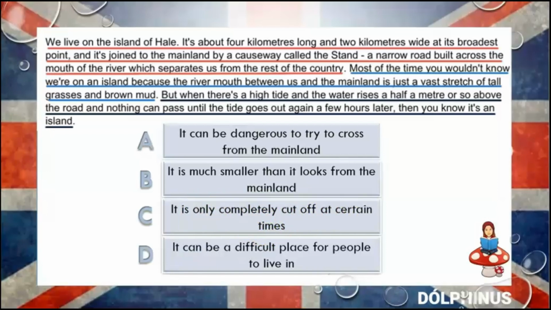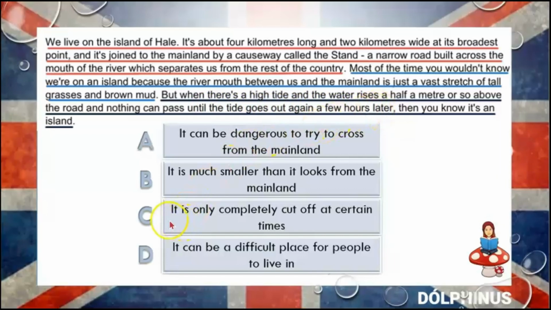C, it is only completely cut off at certain times. Okay. In the part making reference to the reasons why you think you are on this island, it says, but when there's a high tide and the water rises half a meter or so above the road, nothing can pass until the tide goes out again a few hours later.